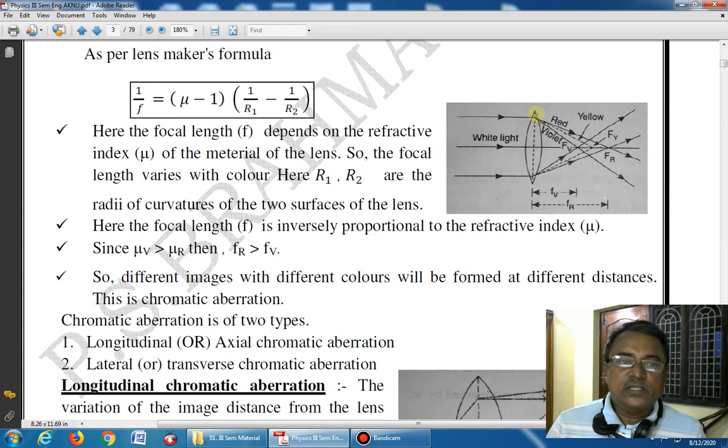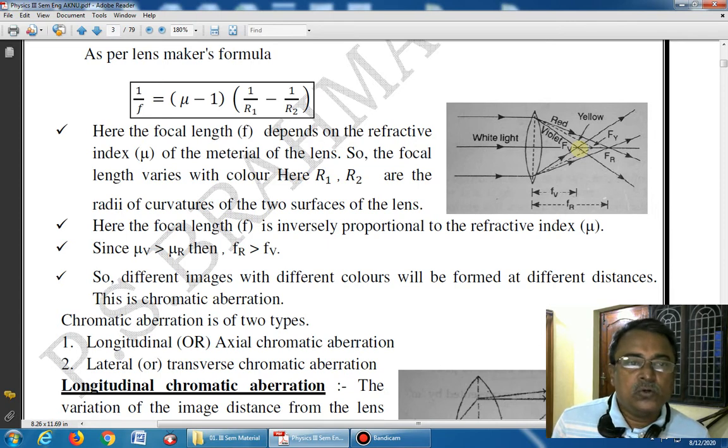So, what is the definition of radius of curvature? The radius of curvature is the radius of the sphere from which the surface of the lens is taken. And see the figure once again. Here capital Fr is the principal focus for red light, and capital Fv is the principal focus for the violet light.